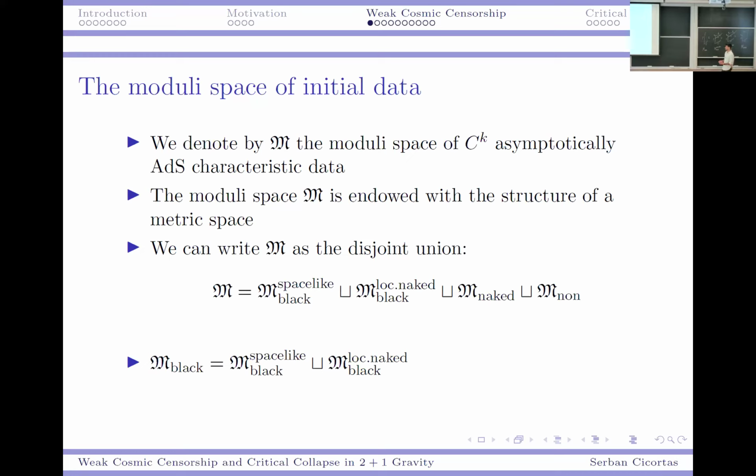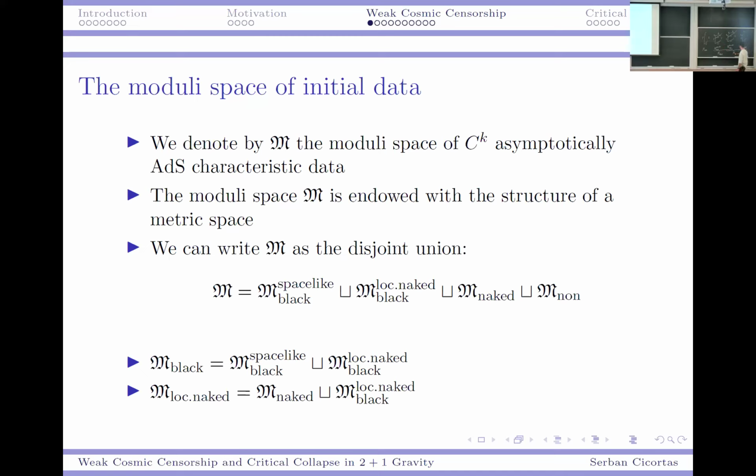And moreover, it's actually convenient to have some further notation. So I already told you that these two are the black hole spacetimes that can arise in this model. So I'm going to denote the union of these as M black. So this is the initial data that leads to black hole spacetimes. And then finally, I'm going to denote the union of these two M locally naked.